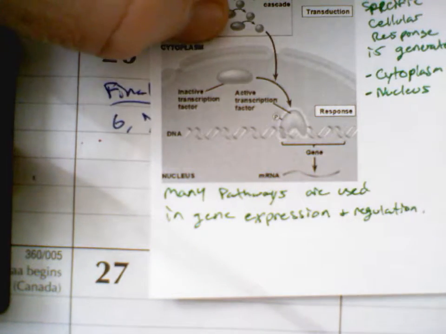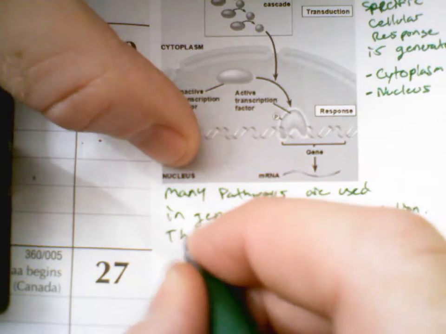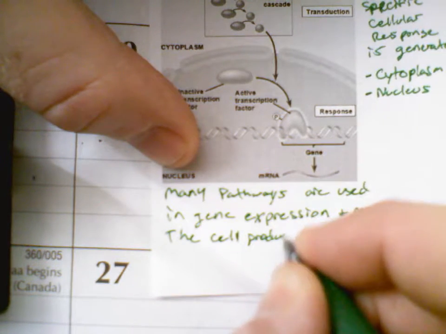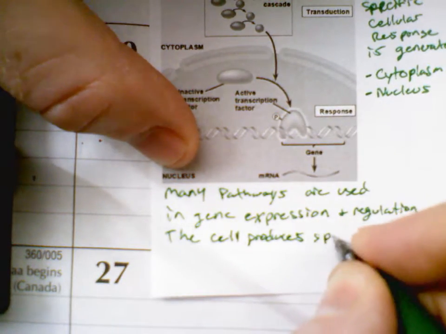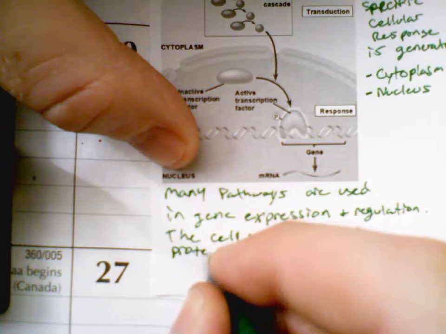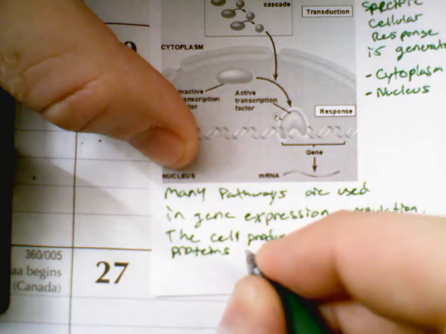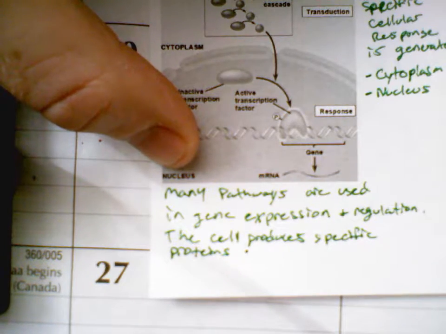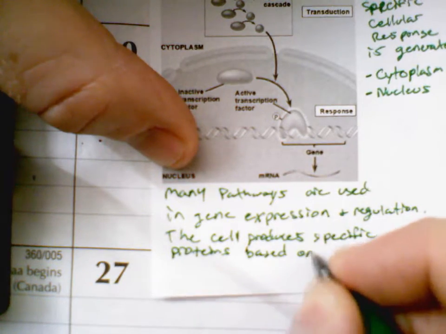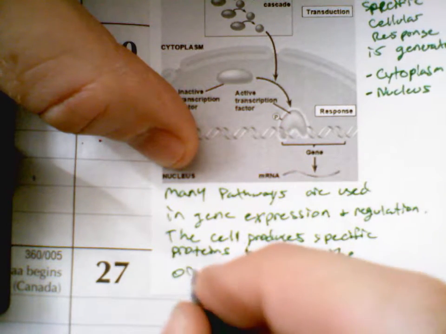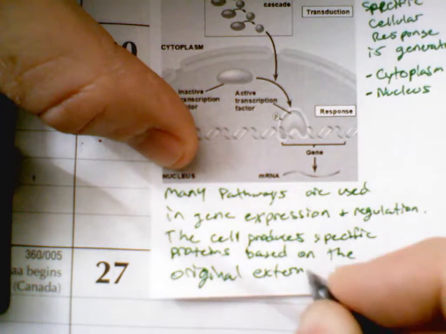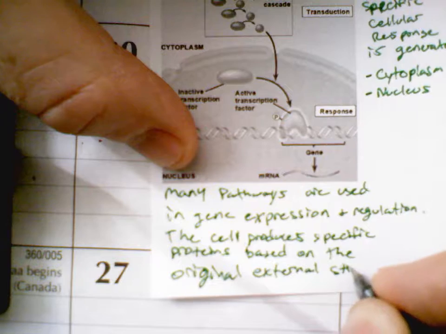And what that means is the cell is going to produce specific proteins based on the original external stimulus.